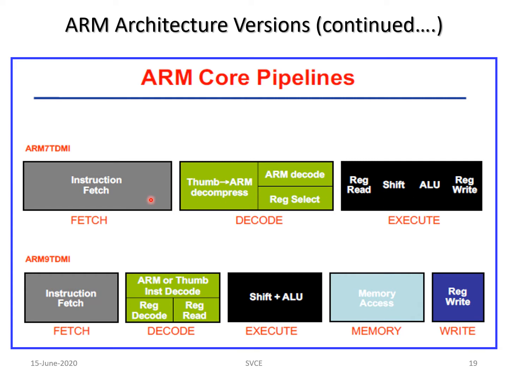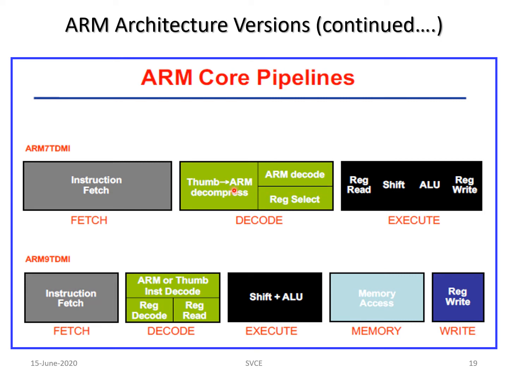Now each of these stages may take a different amount of time to complete its work. So the clock period, or the speed at which the instructions are fetched, depends upon the longest period taken by any stage. For example, assume that the decode stage is taking the longest period of time.